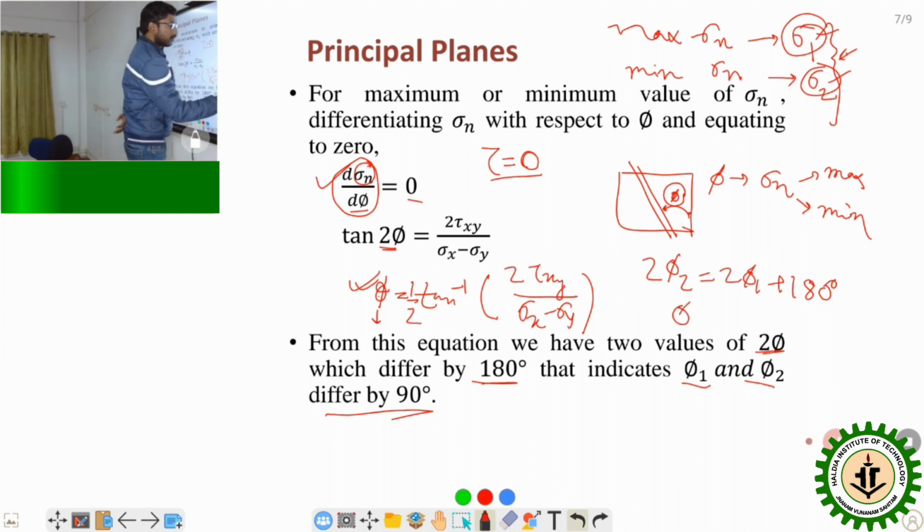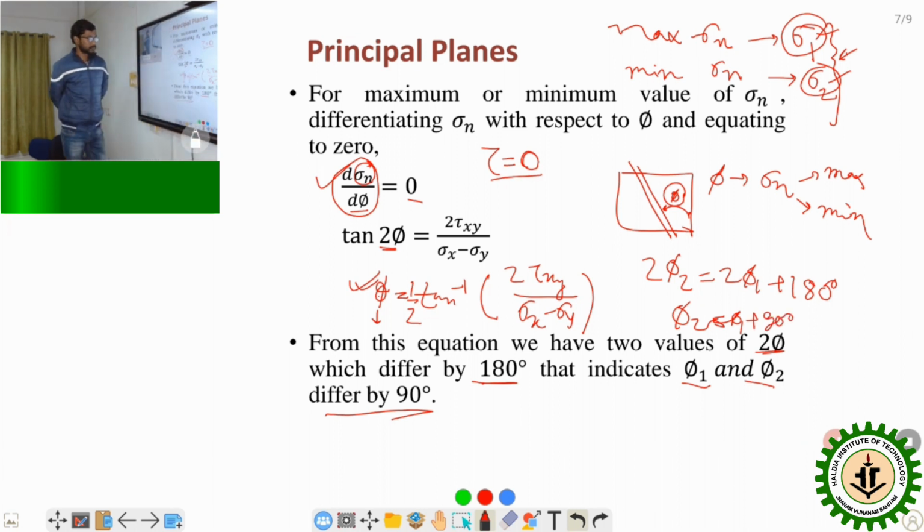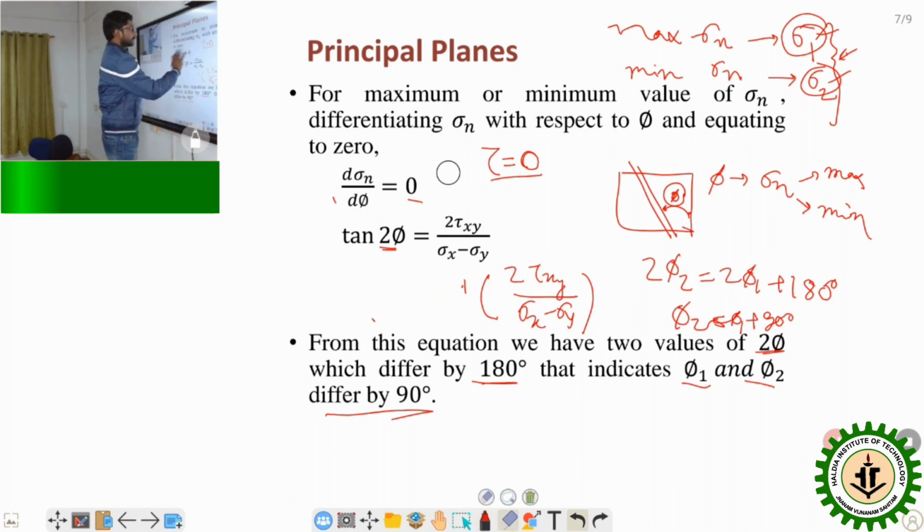So phi 2 equal to phi 1 plus 90. So that is the way to calculate the principal planes.